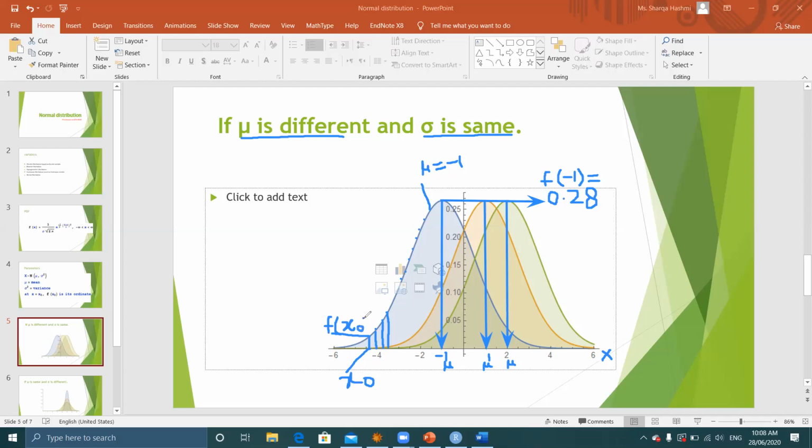Remember, mu is different for each distribution and sigma is same. I think now it's clear what is meant by the previous slide, the ordinate. So in the previous slide, we have studied ordinate.